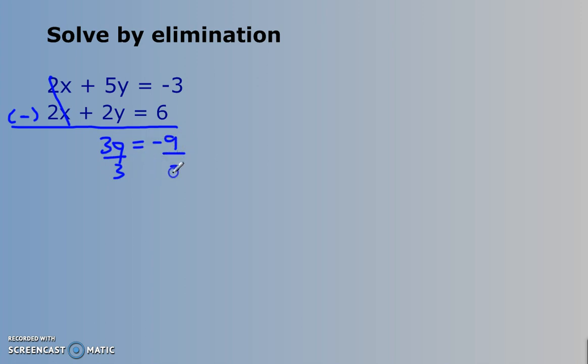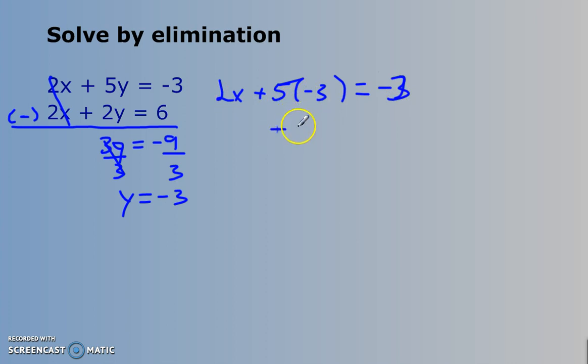Divide by 3 on each side, and you get y is equal to negative 3. Plug that back in up here. 2x plus 5 times negative 3 is equal to negative 3. And then negative 15 here is equal to negative 3.